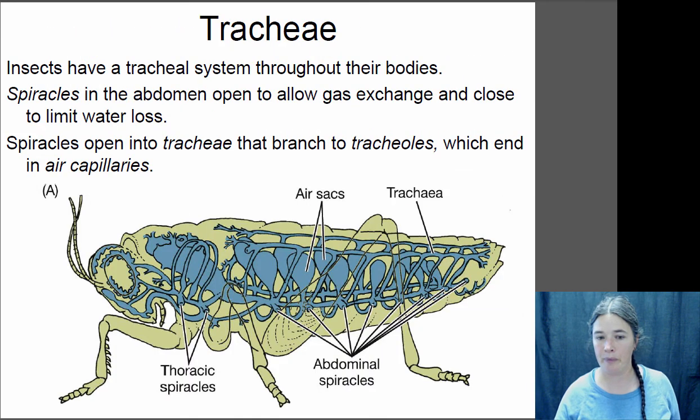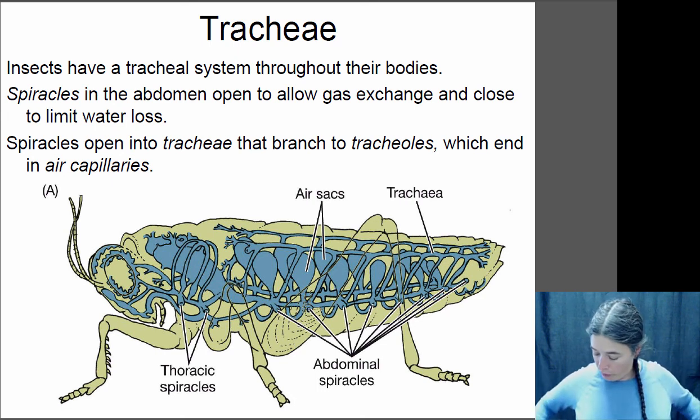Another animal that breathes air but does not have lungs is insects. Insects do not actually pump air in and out of their bodies in the same way that we do, but they do have what's called a tracheal system, which is an interconnected web of tubes that spreads throughout their body. They've got little spiracles along the sides of their body. So insects do not breathe through their mouth.